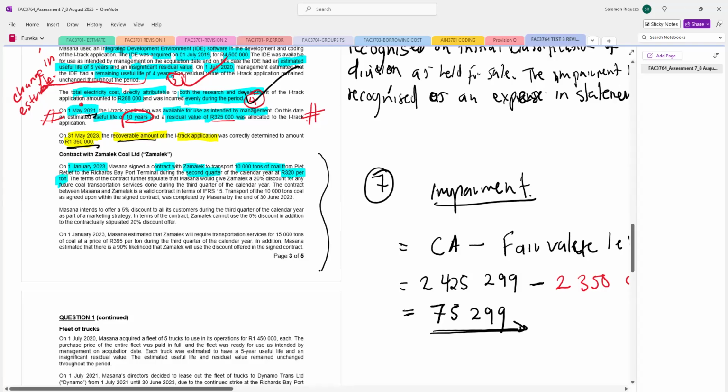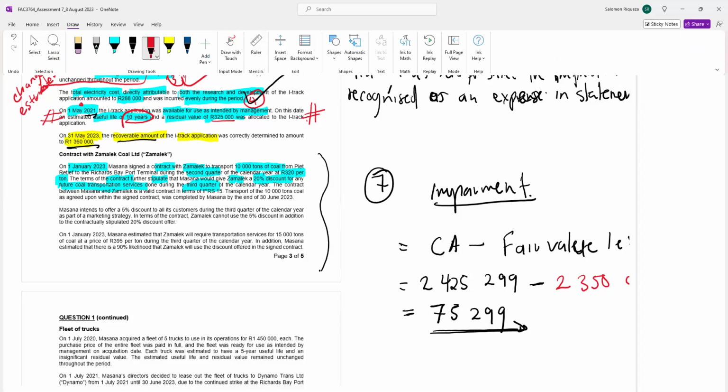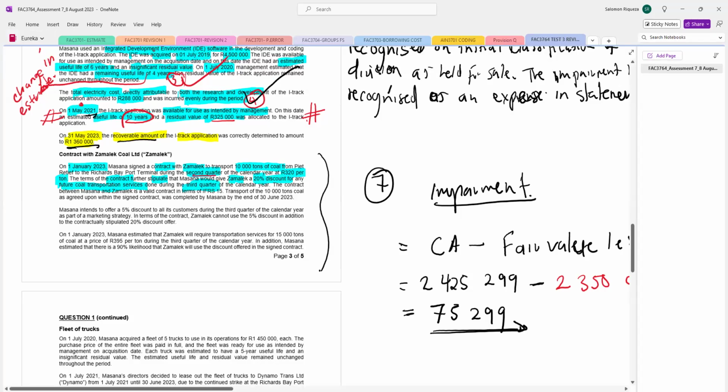The part of the contract stipulates that Masana would give Zamalek a 20% discount for any future coal transportation services done during the third quarter. So we're busy with the second quarter, and they're talking about the discount, which only comes in the third quarter of the calendar year.